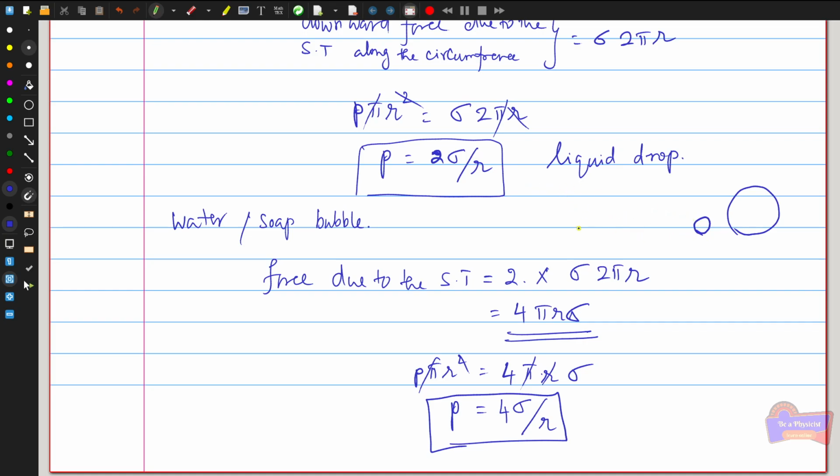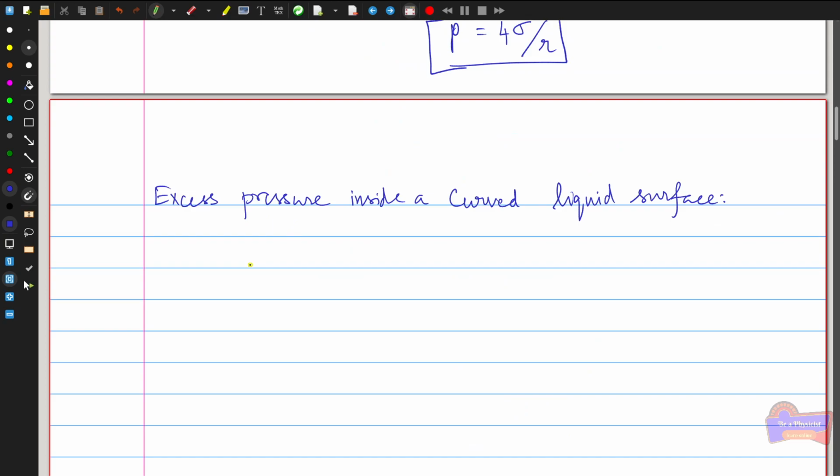Next we are going to find out the excess pressure inside any curved liquid surface. As we already discussed, for a flat surface, the pressure inside and outside the liquid surface is the same.